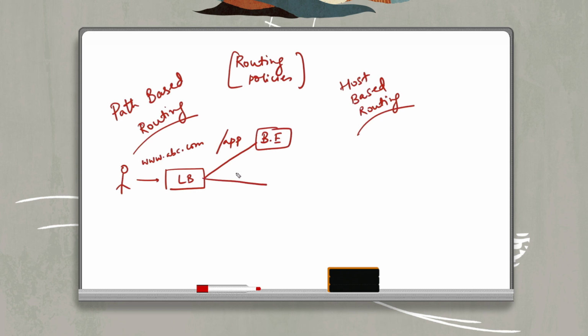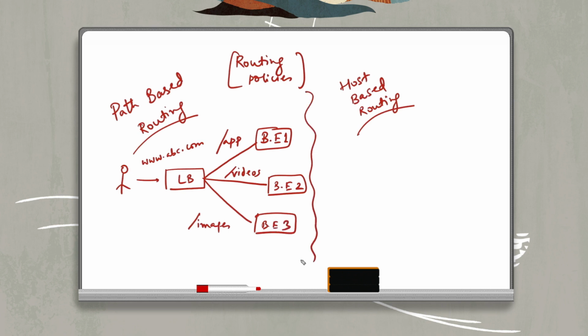If the path is, let's say, /videos, it should go to this particular backend pool. Similarly, if it is /images, it should go to a different backend pool. So this kind of setup is what is known as path-based routing. You see here, this is the path.